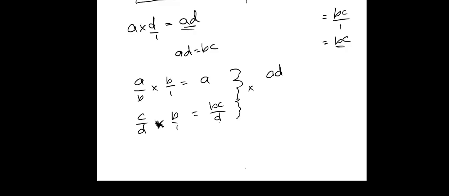BC over D times D is BC. So AD equals BC.